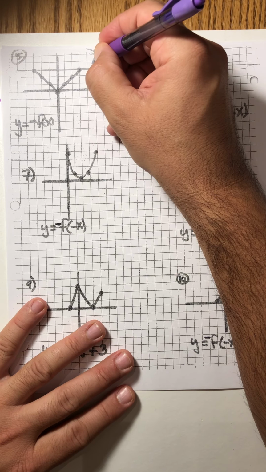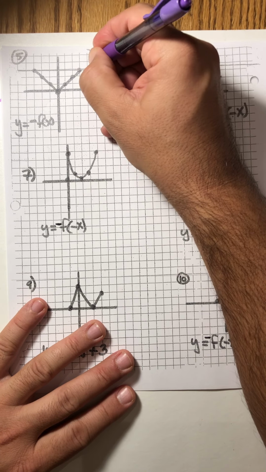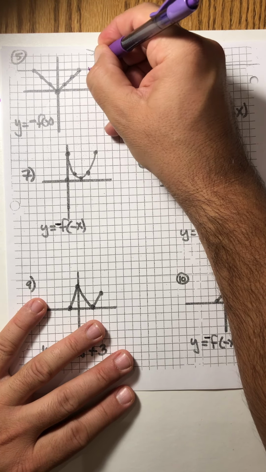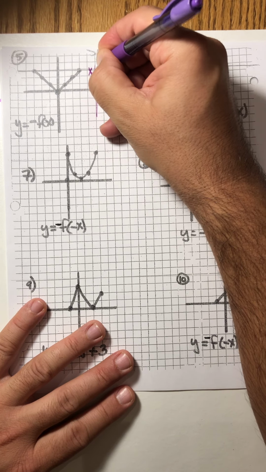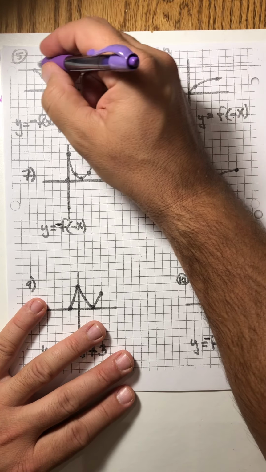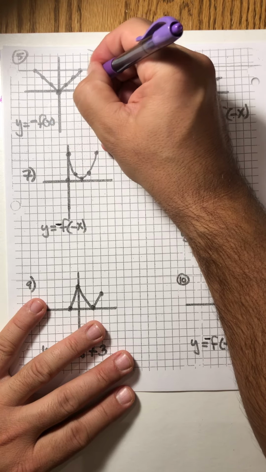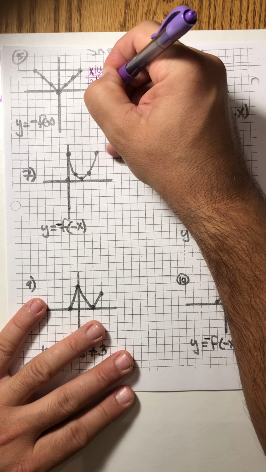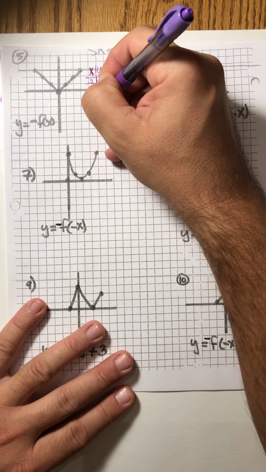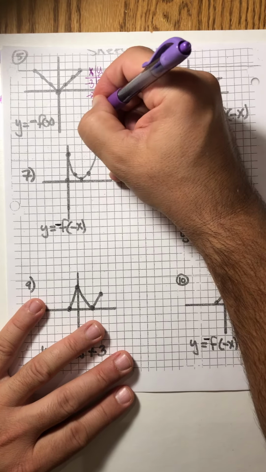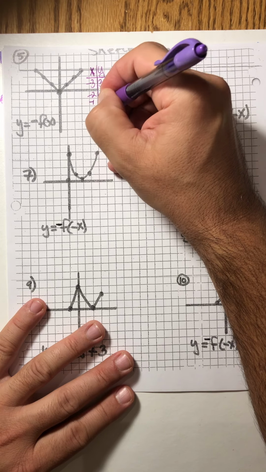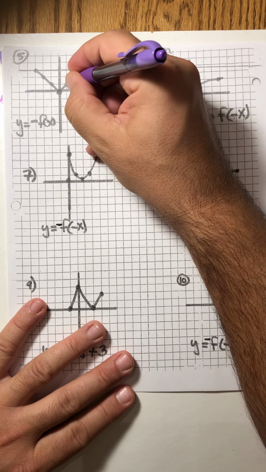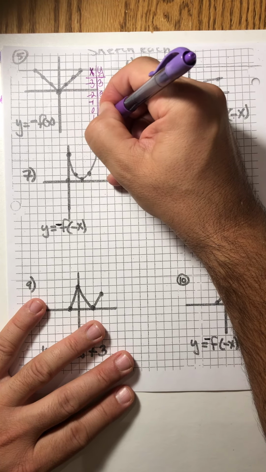So my x's. So the original function. Here's my x's. Here's the y's. What do we have? Negative 3, 3. Negative 2, 2. Negative 1, 1. 0, 0. 1, 1. 2, 2.